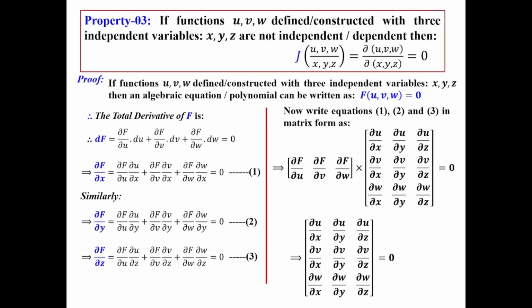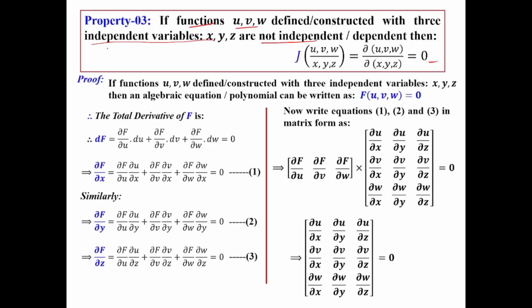Here you can see, if functions u, v, w defined or constructed with three independent variables x, y, z are not independent, or you can say dependent, then the Jacobian of u, v, w with respect to x, y, z, or you can say del(u, v, w) by del(x, y, z), equals 0. That we have to prove.